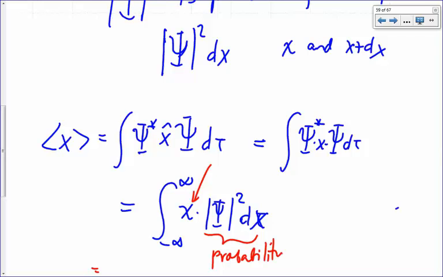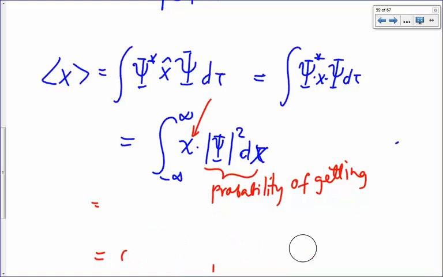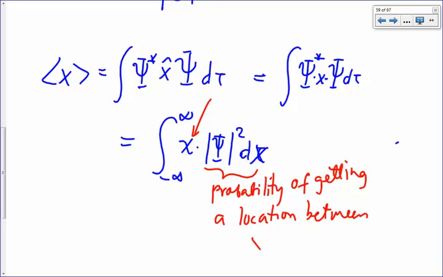So you interpret this as the probability of getting a value, a location, between x and x plus dx. Okay? So if you have a continuous variable, you integrate. If you have discrete variables, you sum.